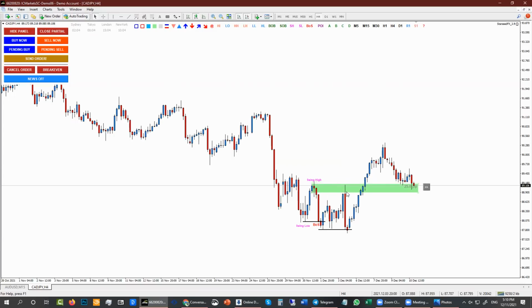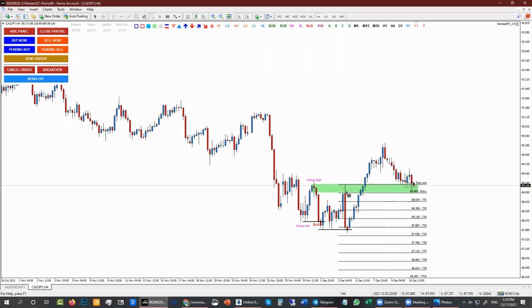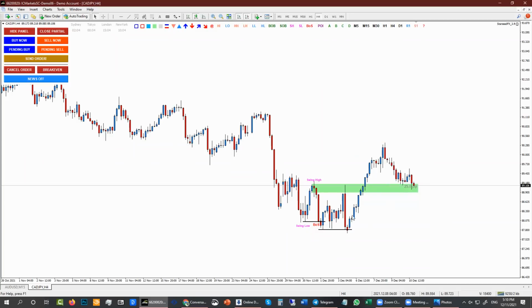It could touch here, probably not reach the last low, and then come back up. That is also possible. But again, you want to measure before you enter a trade. You always want to measure the probability, how much you can get if you enter directly. Okay, I hope that answers John's question.